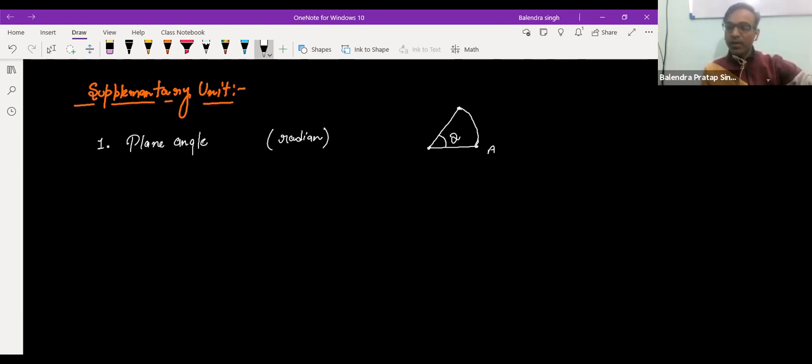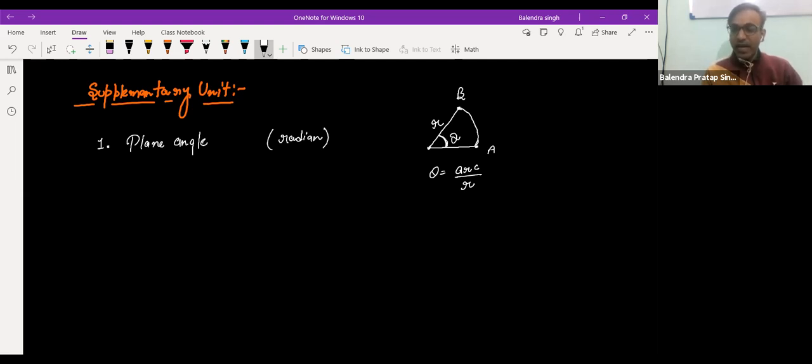Suppose someone is moving on a large circle. So this is a part of that large circle, like a piece of a pizza. So this angle is theta. We define this theta as arc AB upon radius r, so theta is equal to arc upon radius r.